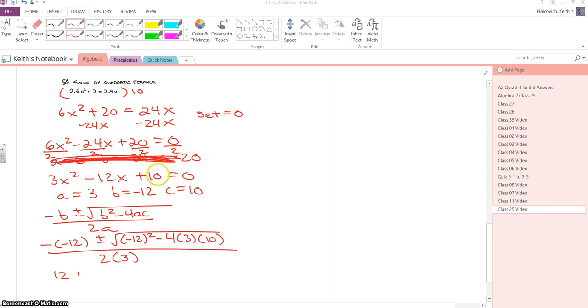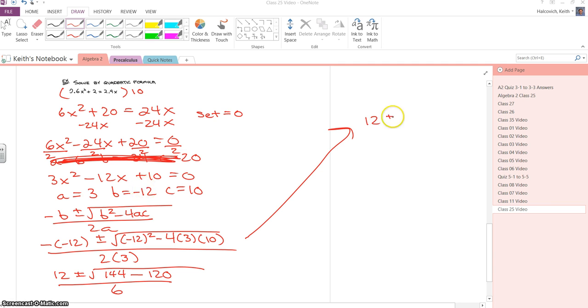So you have 12 plus or minus the square root of 144 minus 120 all over 6. So coming up here, we have 12 plus or minus the square root of 24 over 6.